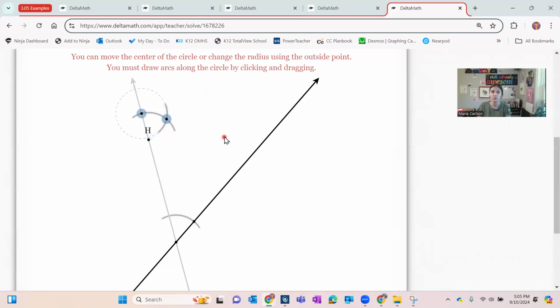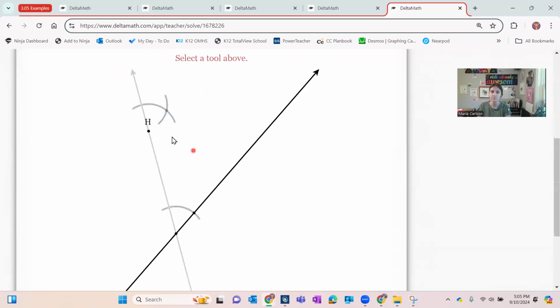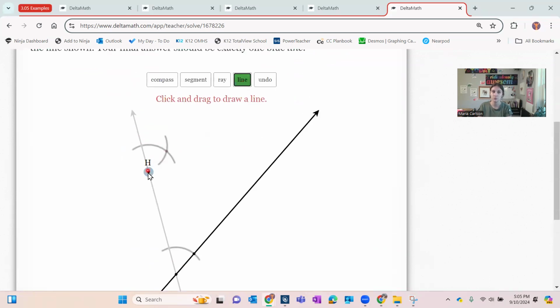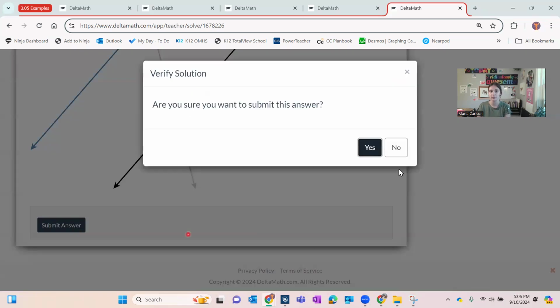So now I should have these two intersecting arcs. So I have point H and this other point kind of near H that I can now draw a line between. So I will draw a line from H to this other point that is now directly parallel.